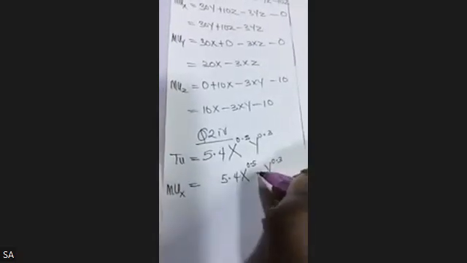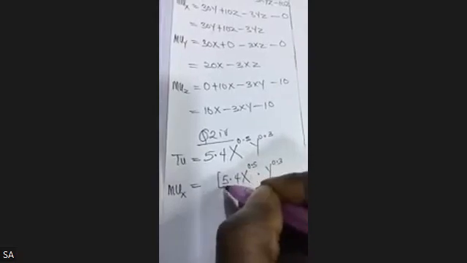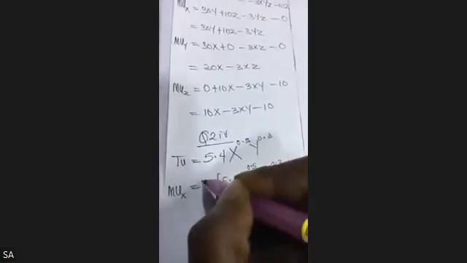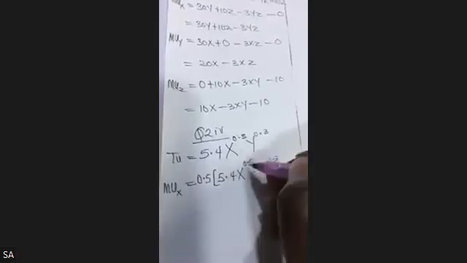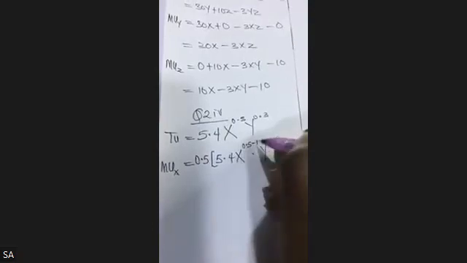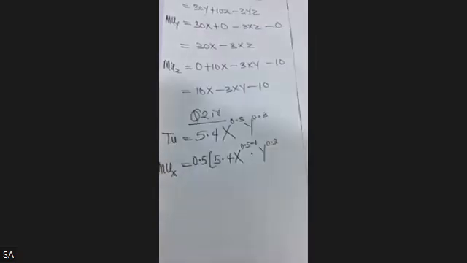But I'm differentiating with respect to x. What happens is this: bracket this, put the 0.5 outside. The power, use it to multiply everything. Then on top of x, because you are differentiating with respect to x, take out 1 from this power. Leave y alone, the way it is.